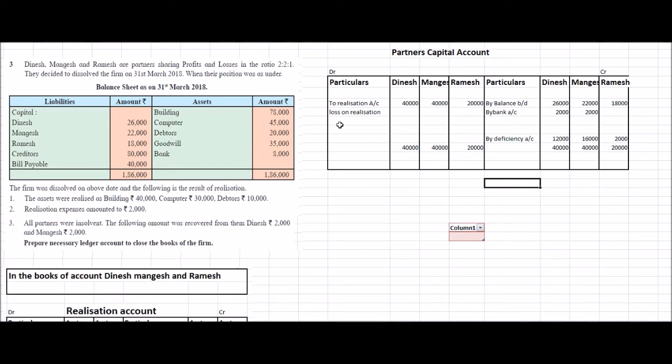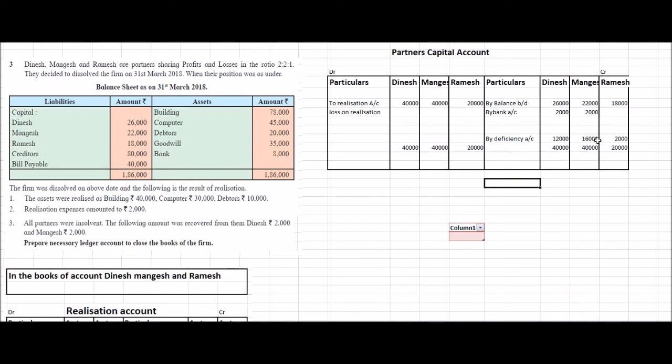So this is the by balance brought down amount of 26,000, 22,000 and 18,000, their balances, and the deficiency amount. By bank account, both partners brought the amount from home, their private assets, that is 2,000 rupees and 2,000 rupees. And since the debit balance is more, the deficiency amount is 12,000 rupees, 16,000 rupees and 2,000 rupees, the deficiency of the three partners.